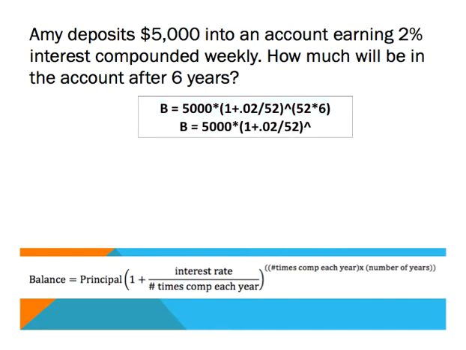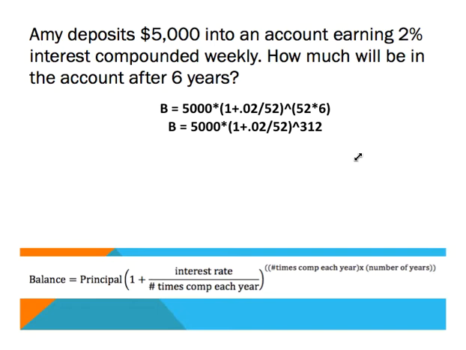Instead of having to remember the parentheses, what you could do is 52 times 6, and you'll get a value of 312. And then this is quite a bit easier to plug into your calculator. So either option should work, but if I go ahead and put this in, I think we get a balance of, and I'll check this in just a second, $5,637 and 35 cents, I believe.